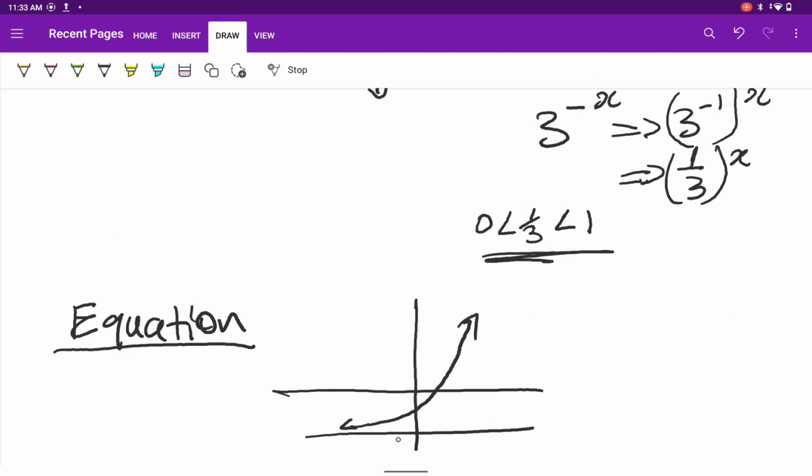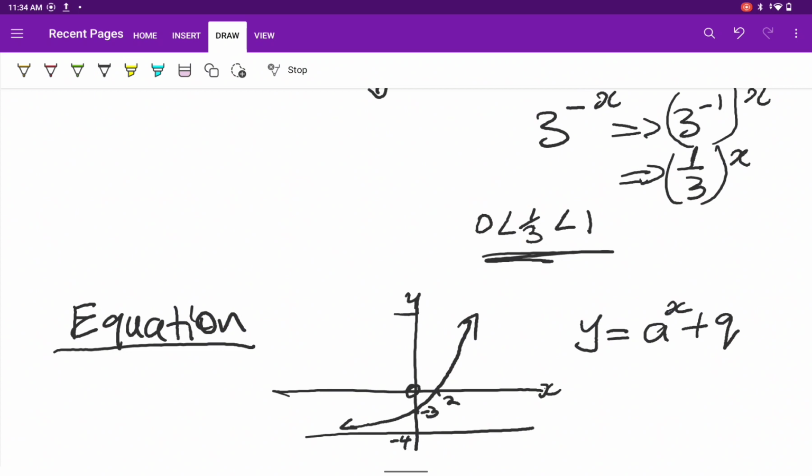We said this is -4, this is -3, and this is 2, and we want to calculate the equation of this function here. We will just say the equation is y equals a exponent x plus q.